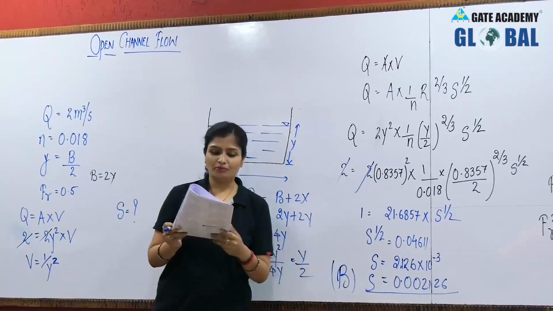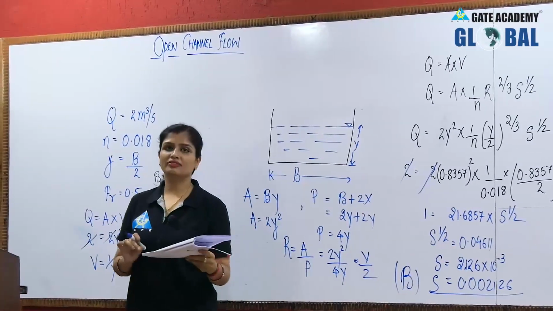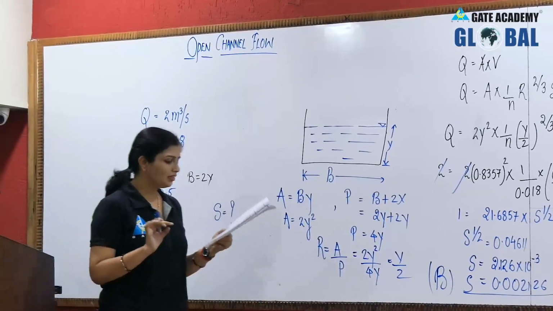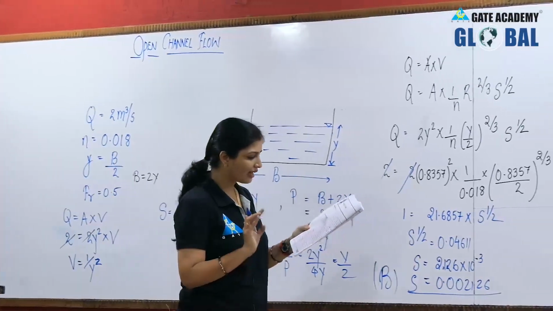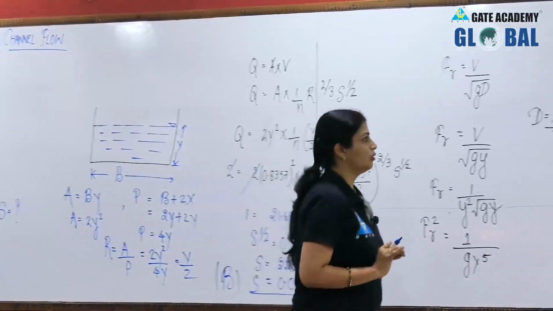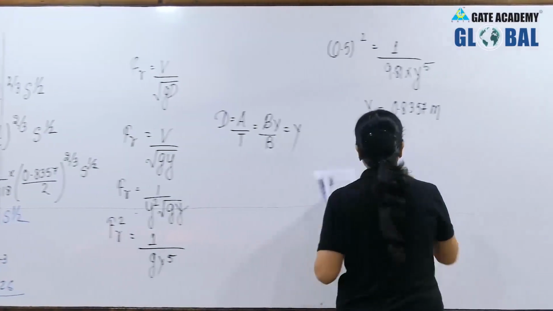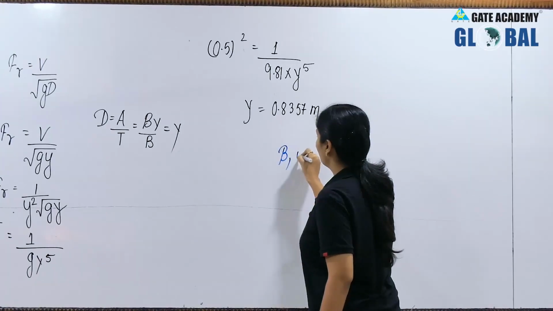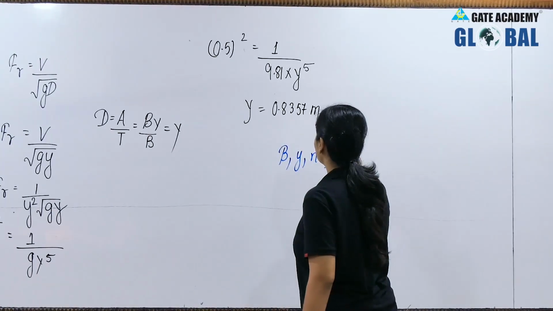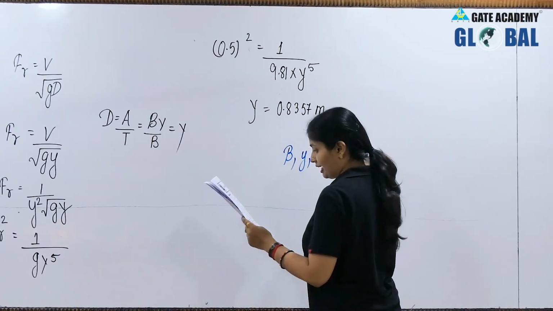Fine. Now moving to the second part of this question, keeping the width, flow depth and roughness the same. So what it is telling is that the width, flow depth and roughness are same.